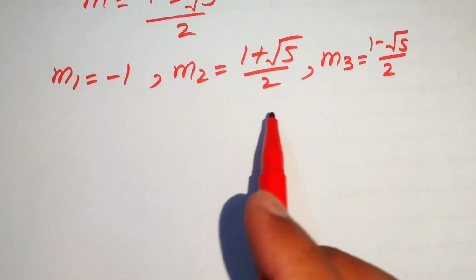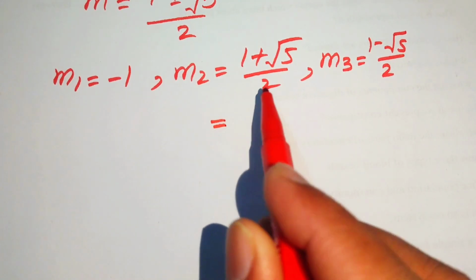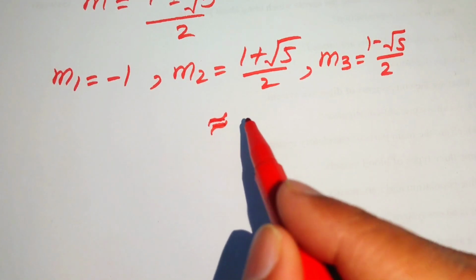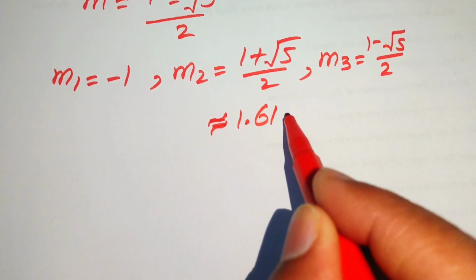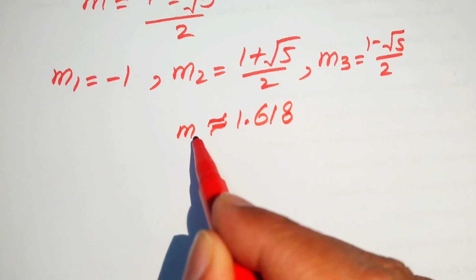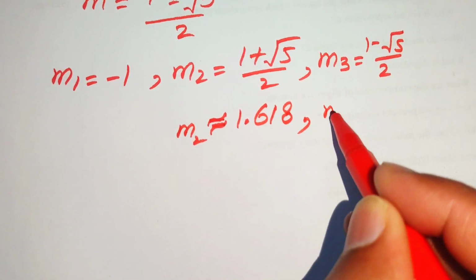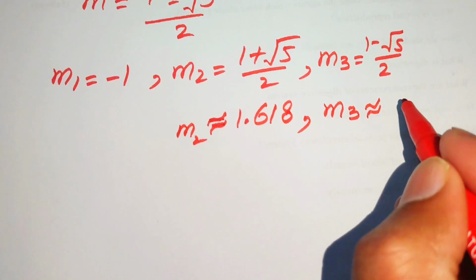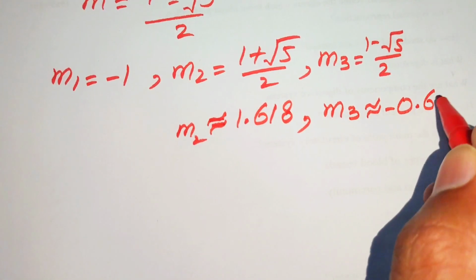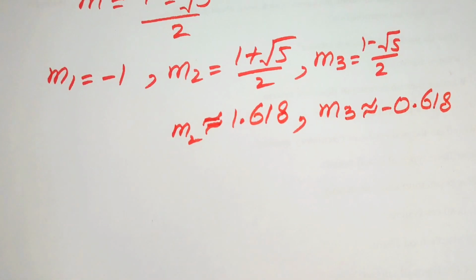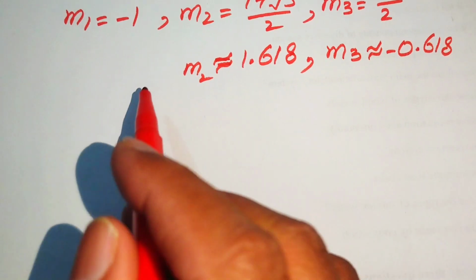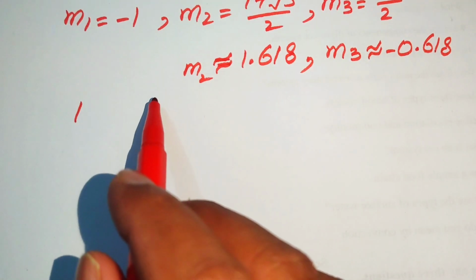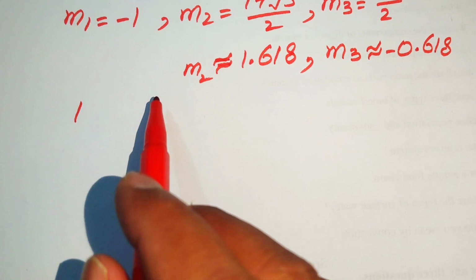If we write these two roots in decimal form, m2 is approximately equal to 1.618, and our third root m3 is approximately equal to minus 0.618. So these are the three roots, and now we check how many of these roots satisfy our given equation.